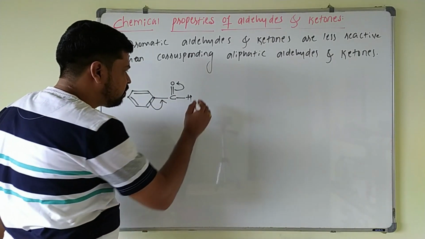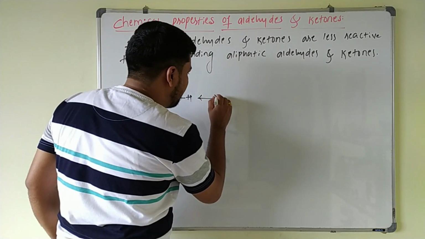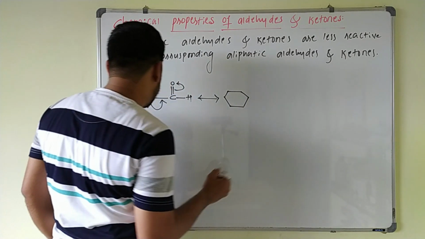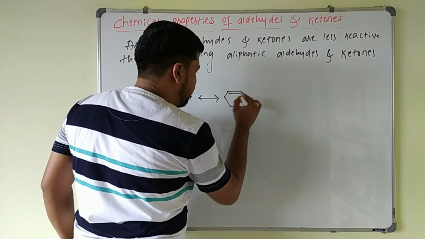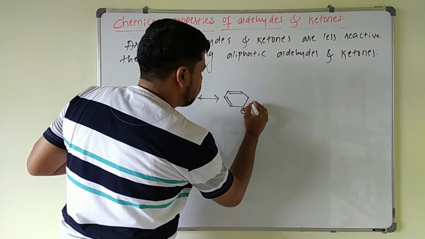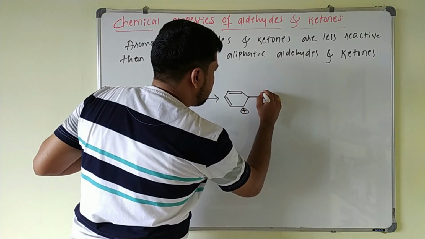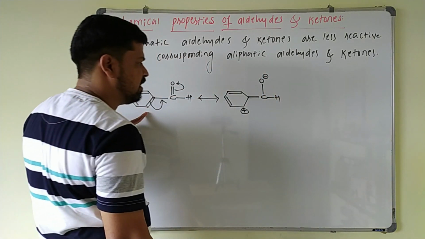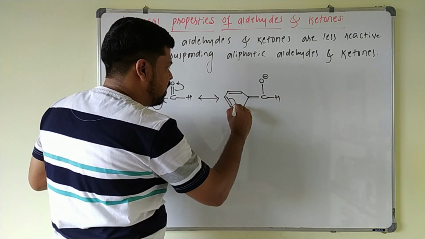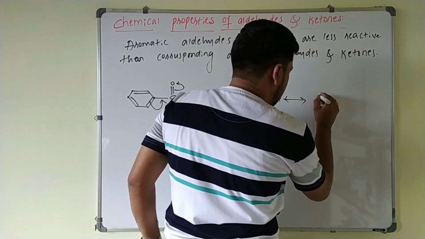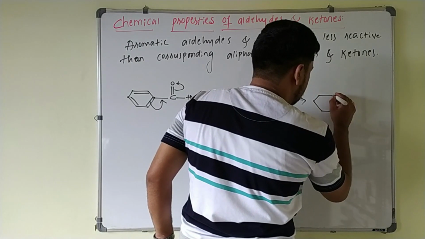So this can be equivalently written as, what happens, this is double bond as it is, this double bond as it is, you will get a positive charge on this carbon atom. So here you will get a double bond, this oxygen with a negative charge and hydrogen as it is. Next, this bond is shifted here, can be written as benzene ring as it is.